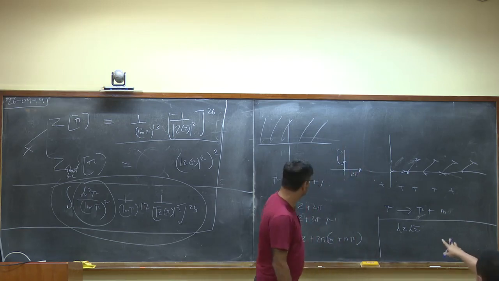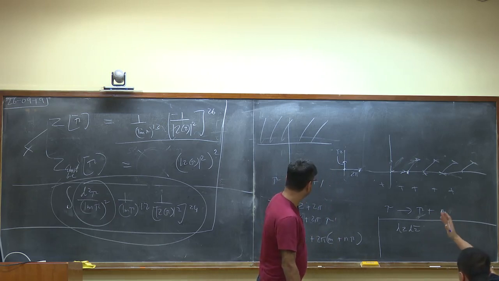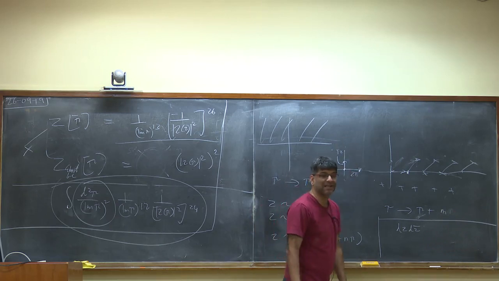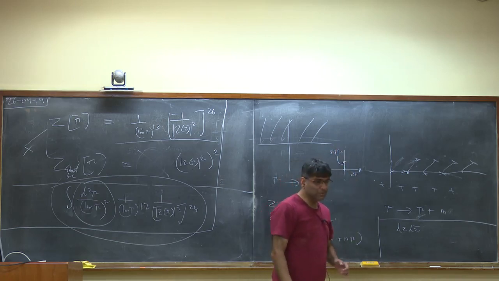But now the angle is along that. I mean, you have rotated the lattice, right? I've not yet done it. Okay. Suppose this is what we had to start with: 2 pi and 2 pi tau. Now, what happens if we do tau goes to 1 by tau?